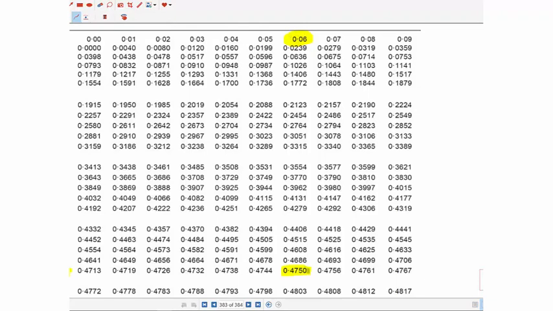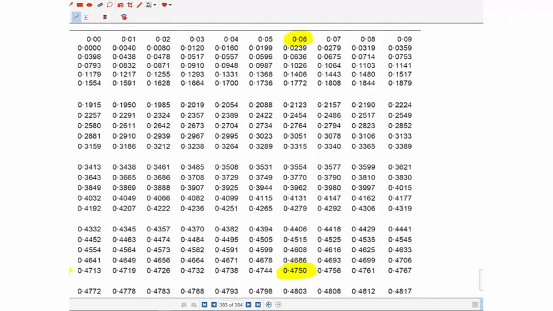If we pick up the number from our normal distribution tables, we can see a number of 0.4750. What that 0.4750 represents is a percentage.